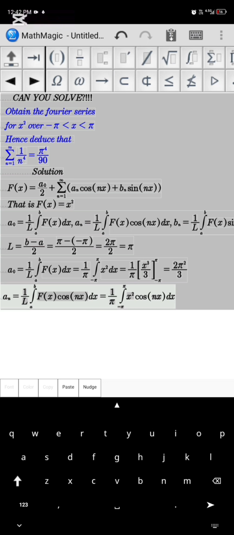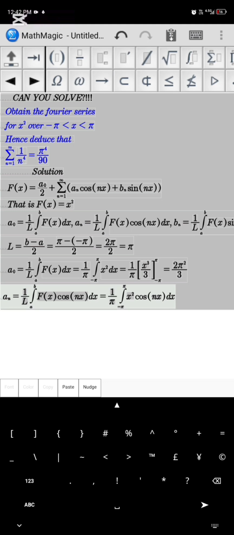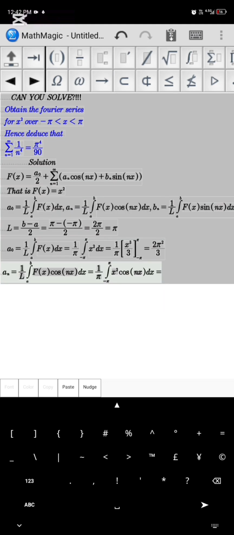So if we use integration by parts, I will write the solution down because of our time. So that's 1 over pi.